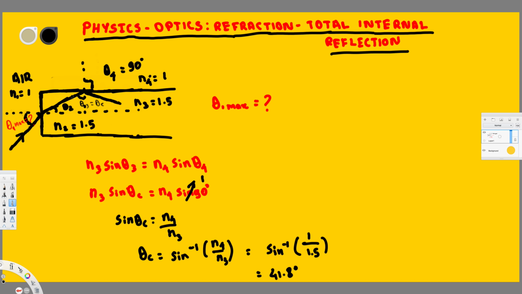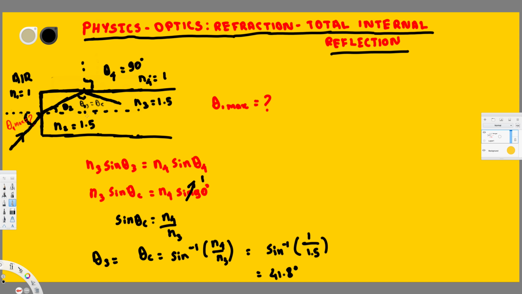So this angle is 41.8 degrees. So theta 3 is equal to theta c, and that is 41.8 degrees.